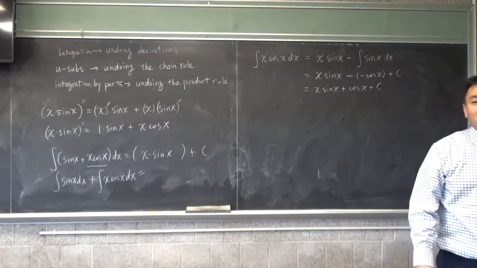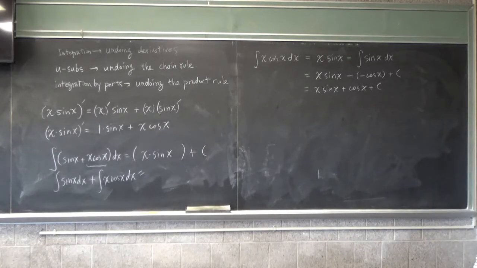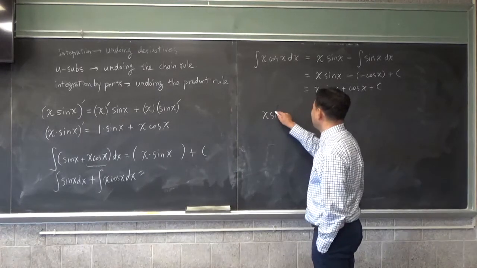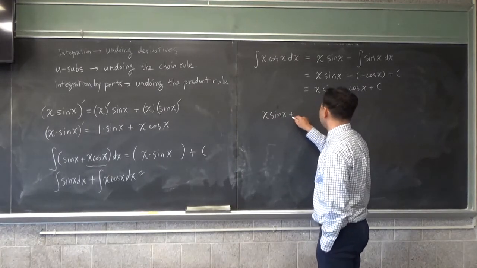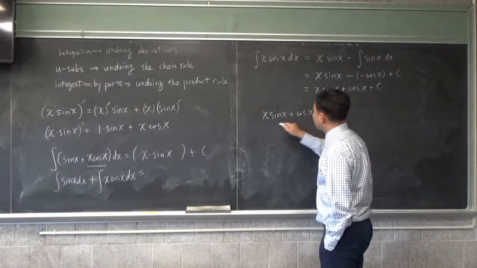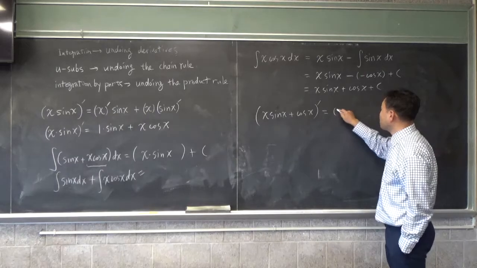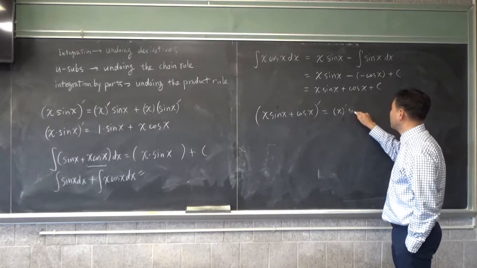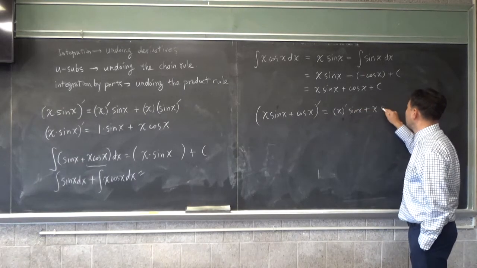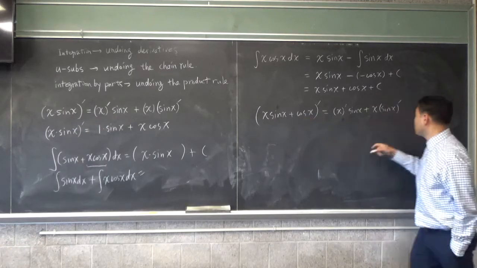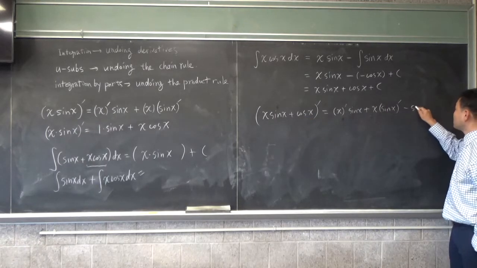Now, how are we sure that this is the answer? How can we verify? Take the derivative. Again, same idea. Take this and differentiate. You have to use the product rule for the first part, whereas for the second one, it's just the derivative of cosine, which is negative sine.